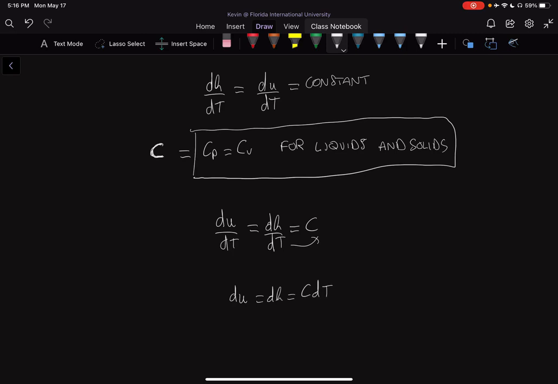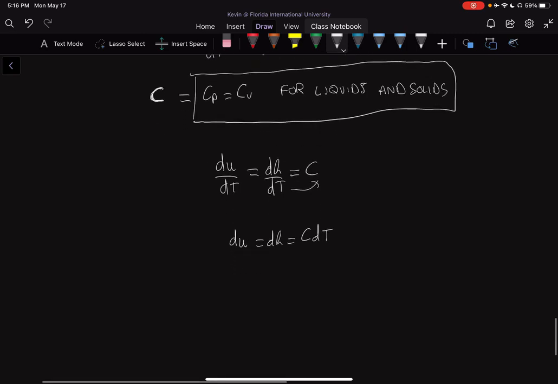And if we integrate this equation, if we integrate all three terms from 1 to 2, we find out that U2 minus U1 is equal to H2 minus H1 is equal to C times T2 minus T1.